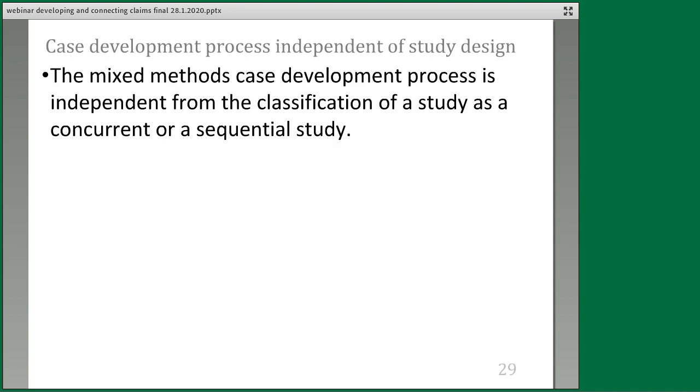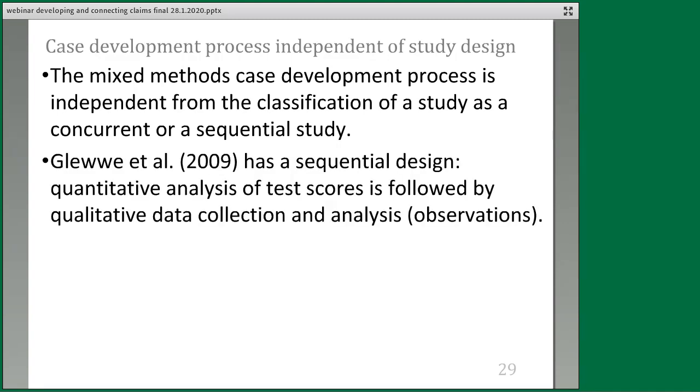Here's my point: I think that this case development process is basically independent from the classification of a study as a concurrent or a sequential study. For example, the Glewwe study in Kenya had a sequential design, so quantitative analysis of test scores was followed by qualitative data collection and analysis. Only after they discovered, oh, it doesn't have an effect, how can we explain that?